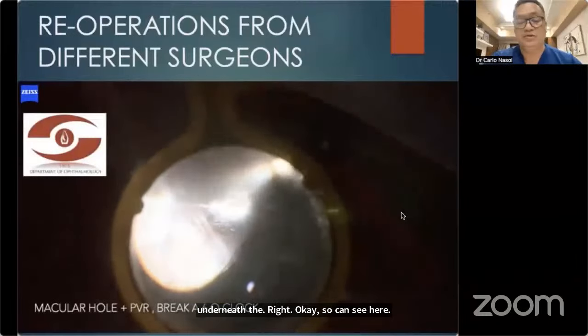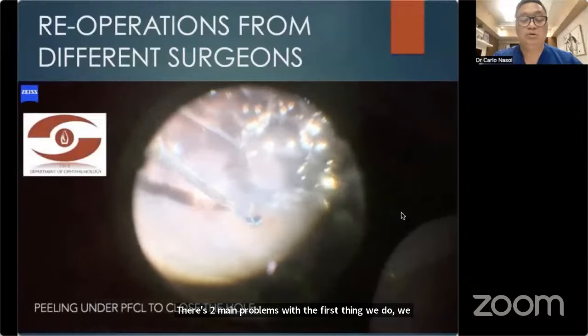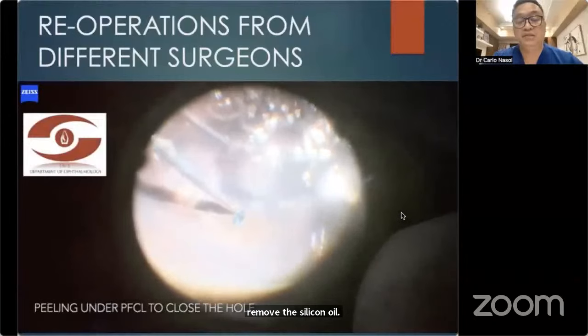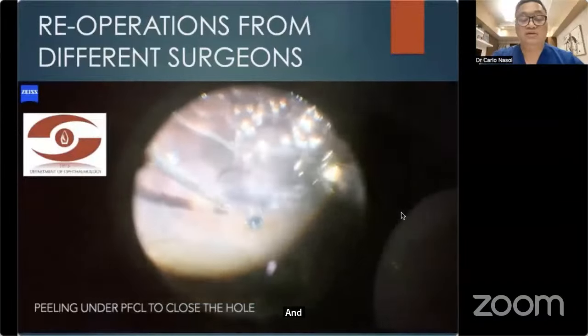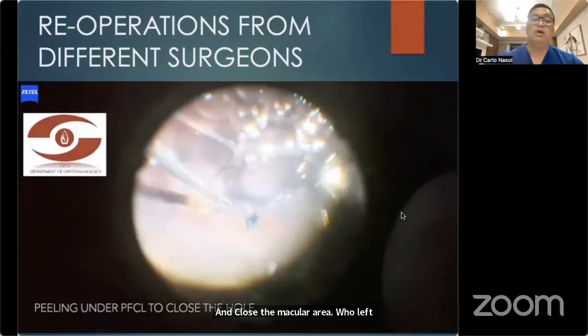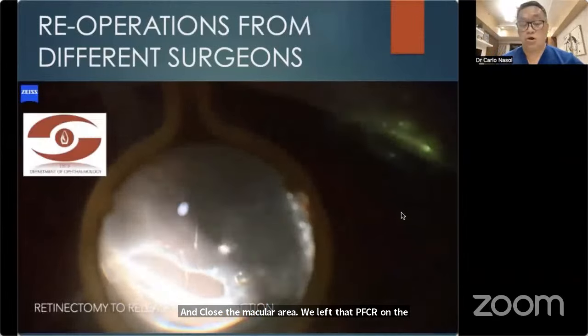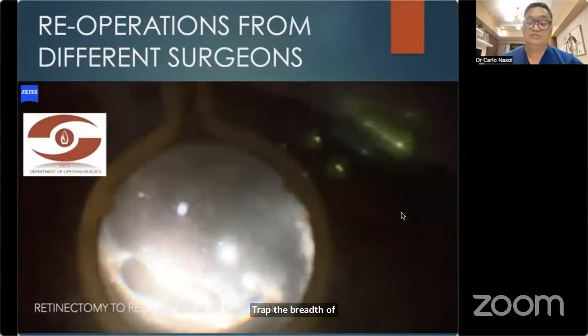So the first thing we do, we remove the silicone oil, PFCL, and then we peel the ILM under PFCL. We did an inverted flap technique to close the macular area. We left that PFCL on the macula while we were fixing that trapped subretinal oil. So we did a large retinectomy to release the oil.